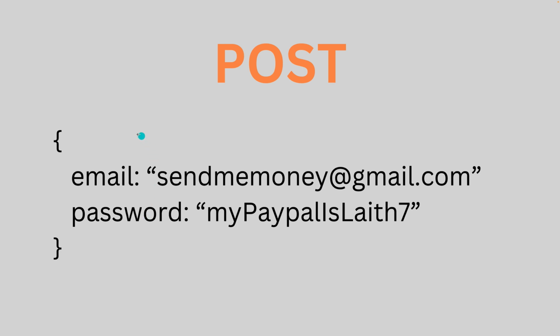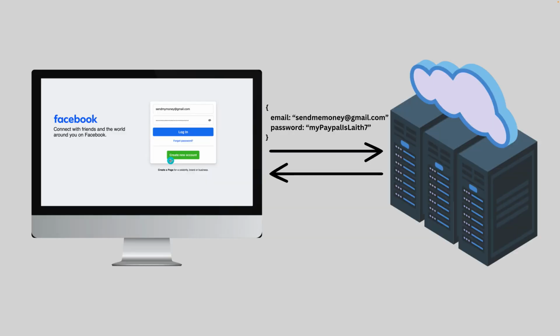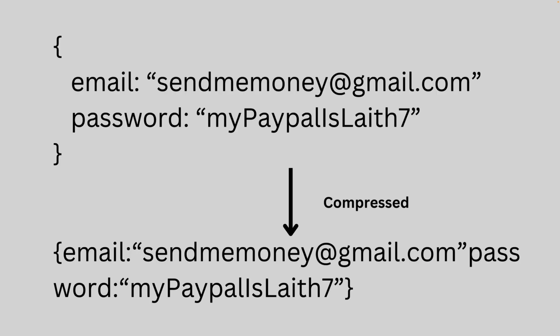Now, the process of getting this information to the server and then getting some sort of response back is quite cumbersome, so let's go through it. The first thing that our machine does, before it even interacts with the other machine, is compress the JSON data.